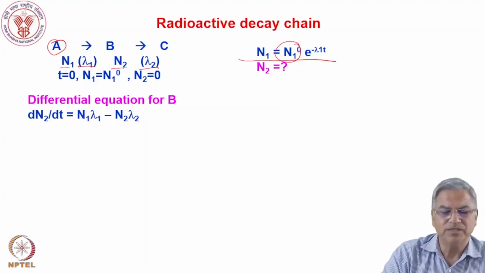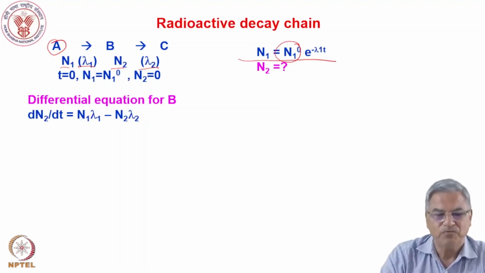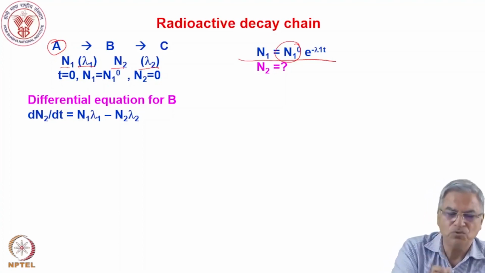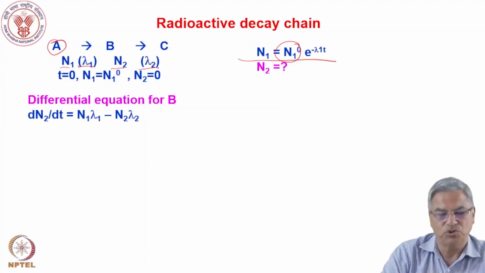Let us assume the initial conditions that when time is 0, there is no daughter product. We have only N1 0, the initial number of atoms of A, and N2 is 0.